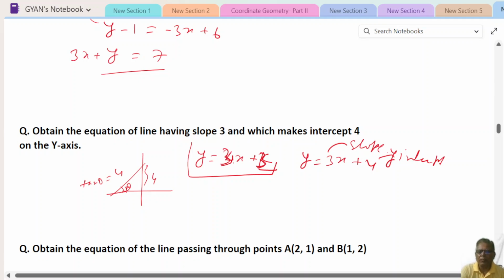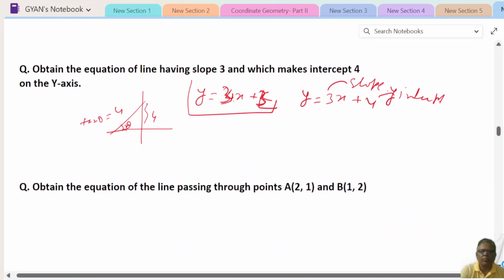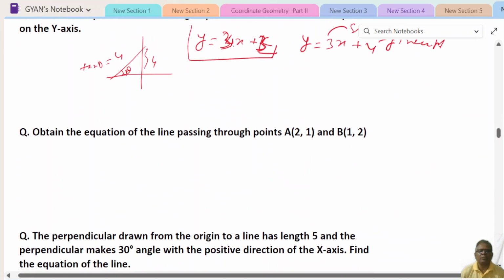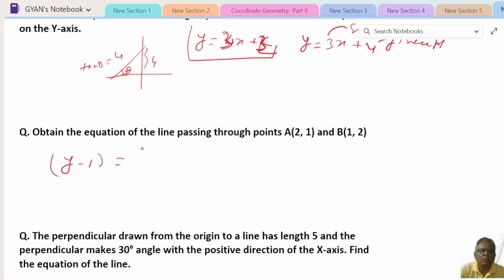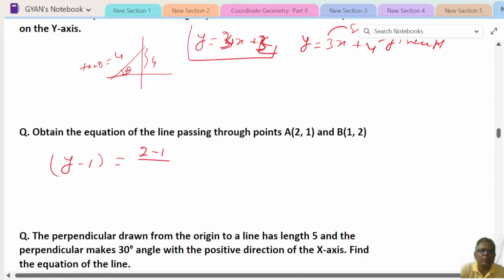Now come to the next question. Obtain the equation of the line passing through two points. So y minus 1 is equal to (2 minus 1) divided by (1 minus 2) into (x minus 2).